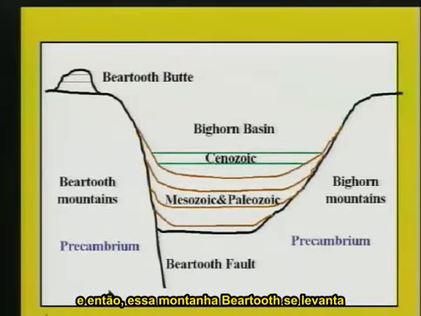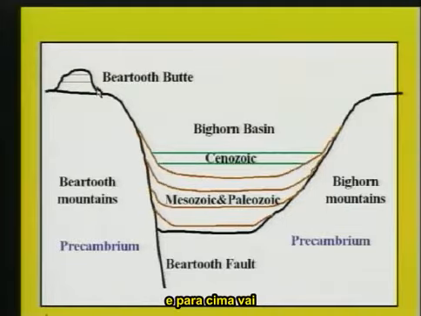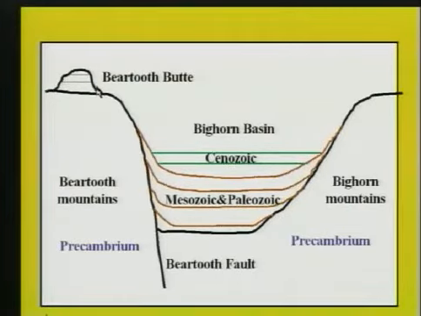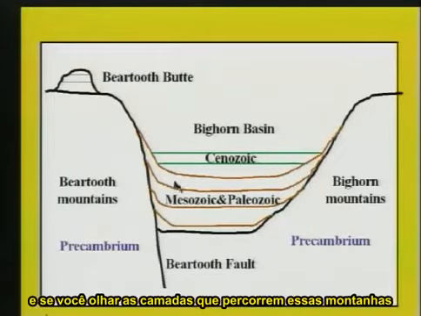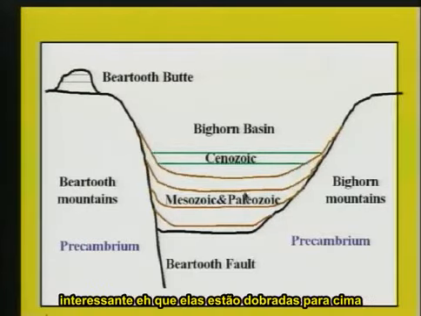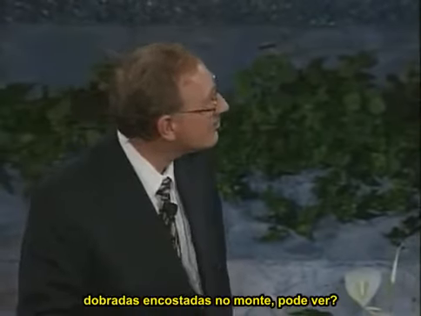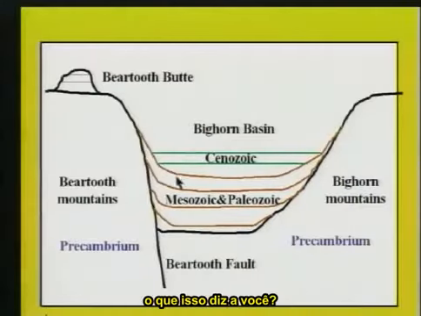And so this Beartooth Mountain range gets lifted up. Up it goes. What happens to the water that's on top of it? It'll cascade down into the valley. Now, if you look at the layers along these mountain ranges and in this valley, you will see, interestingly, that they are folded up on the sides, like that. You see that? What does that tell you?